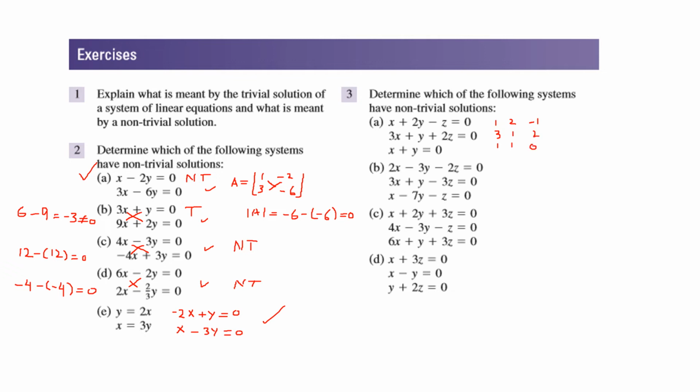This is our A matrix. Okay, to find its determinant, the first 2 columns will be repeated in the 4th column and in the 5th column.